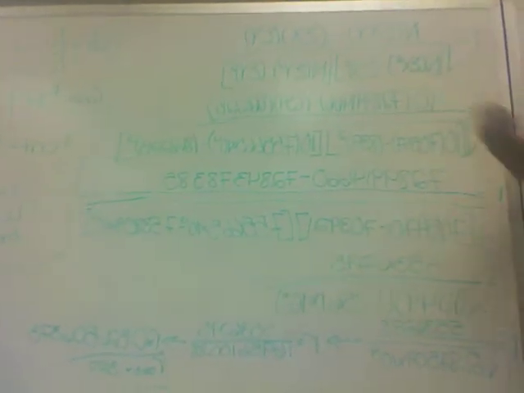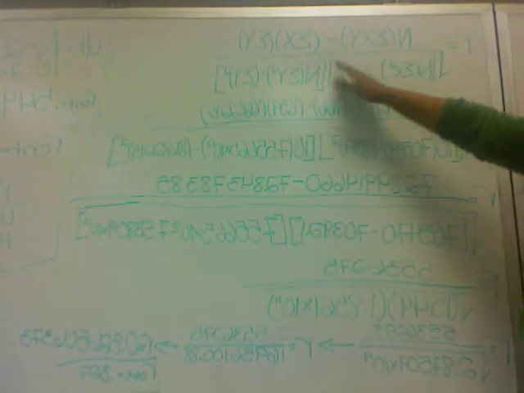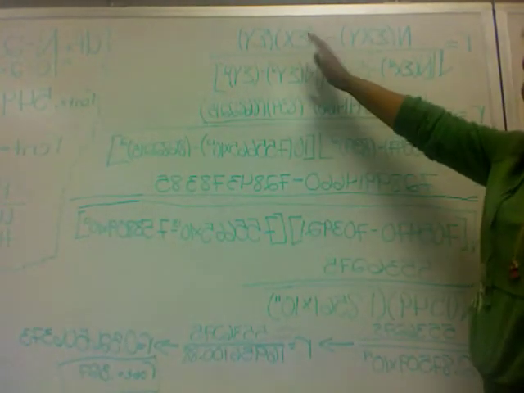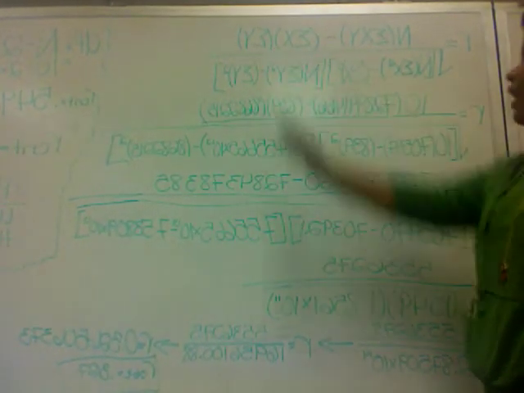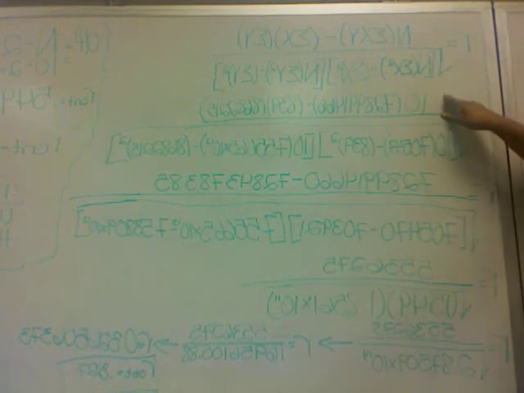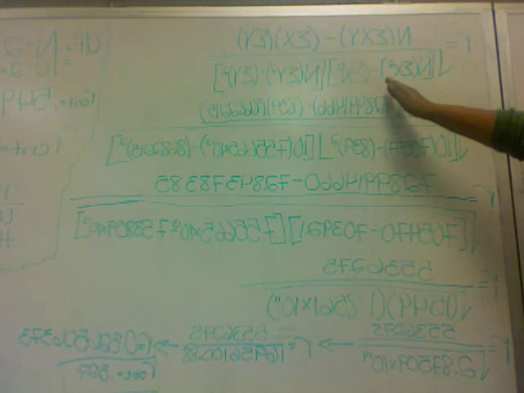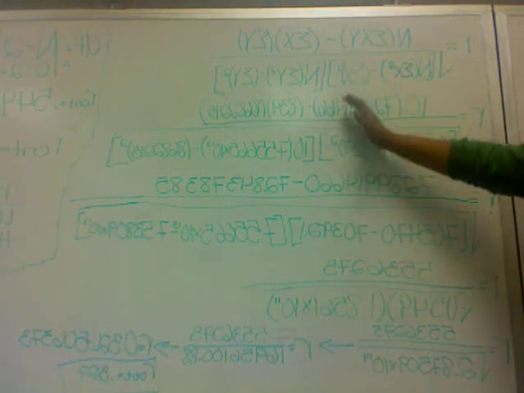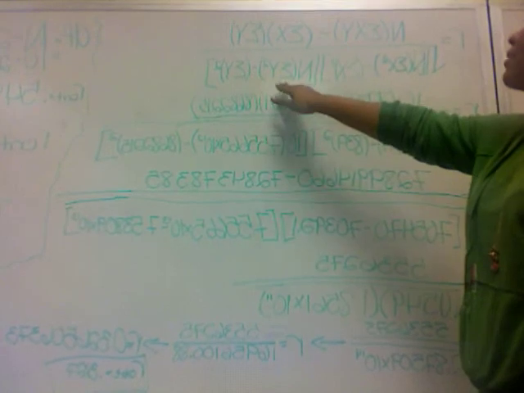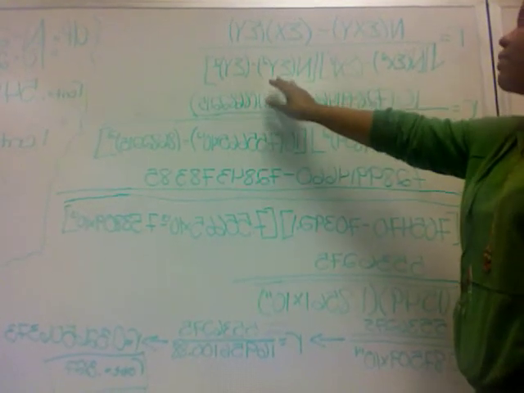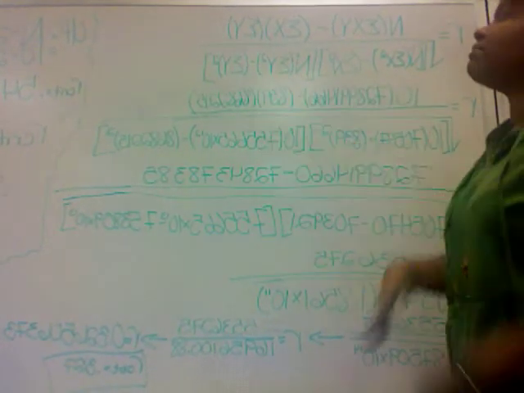Okay. The formula for R is N times the sum of X and Y minus the sum of X times the sum of Y, all over the square root of N times the sum of X squared minus the sum of X, squared, times N times the sum of Y squared minus the sum of Y, squared.